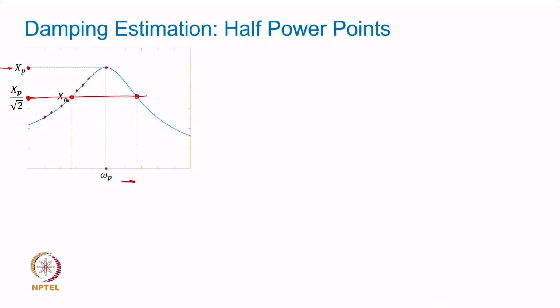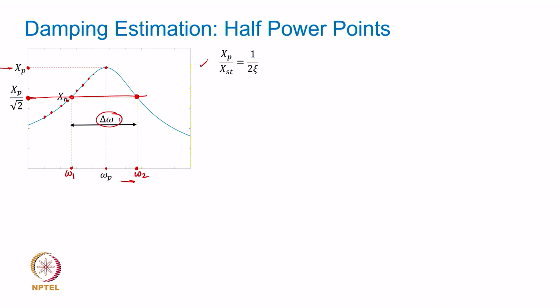These two frequencies are going to give me the frequency bandwidth delta omega. Maybe I will call this omega 1 and this frequency omega 2. These are the two frequencies at which the amplitude drops to 1 by square root of 2 times the peak amplitude.